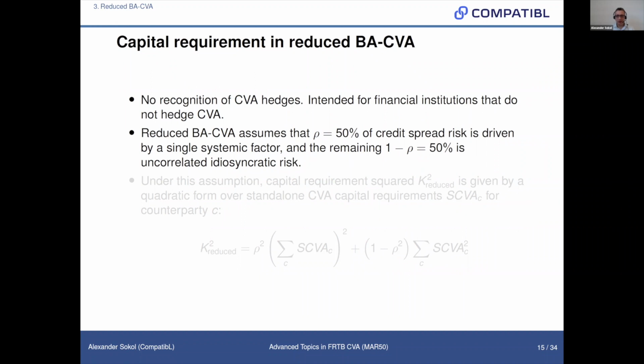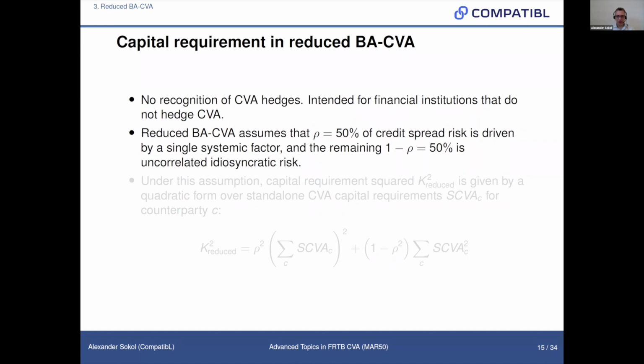So in other words, say you have JP Morgan and you have General Motors. It will assume that the credit spread, which drives CVA levels and CVA risk for these two counterparties, if both spreads go up, or one goes up and one goes down, that the decomposition is that 50% of the changes are caused by the general economic environment.